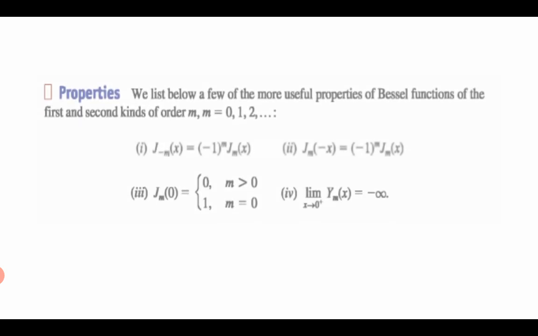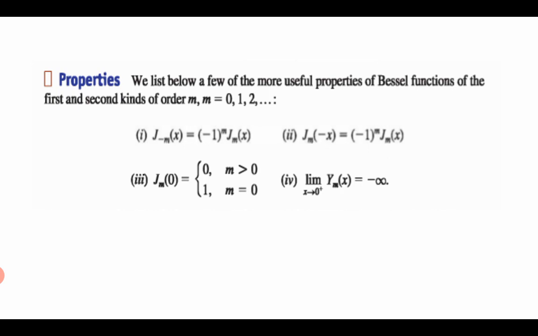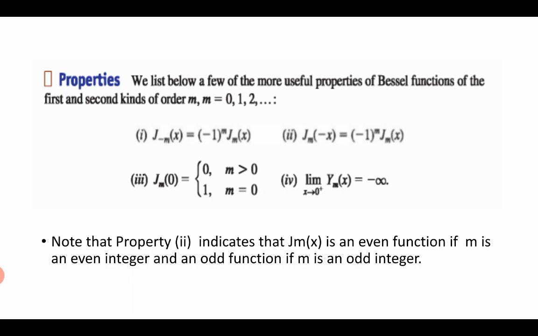Next, properties of Bessel's functions. What is given? Properties of Bessel functions. J negative m of x is negative 1 to the power m, Jm of x.